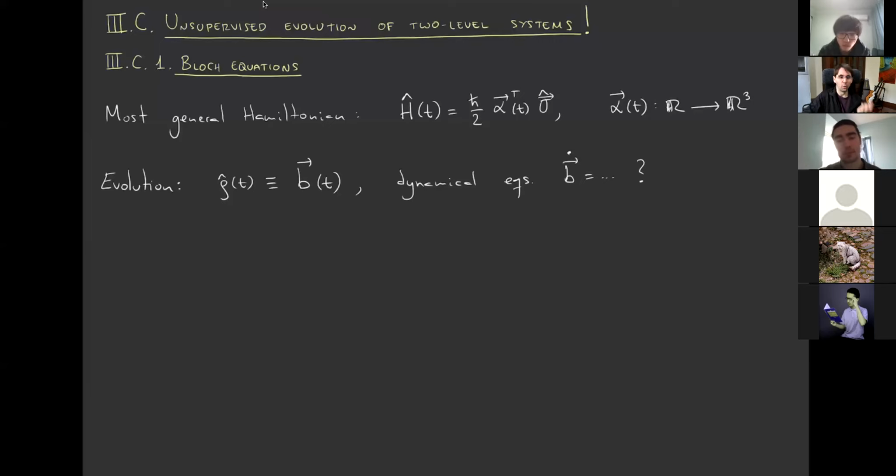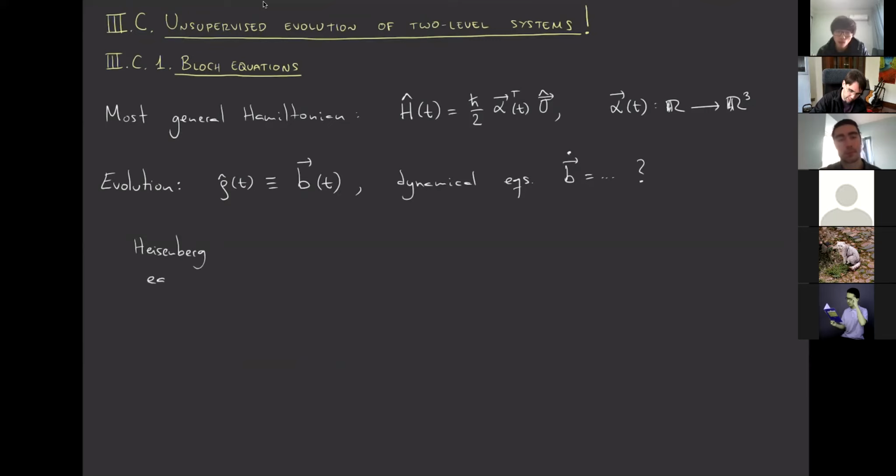So we know that B is nothing but the expectation value of the Pauli operators. So we can simply use the Heisenberg equations of motion of the Pauli operators and then take the expectation value. That's a very simple way of proceeding, and let me write it down explicitly.